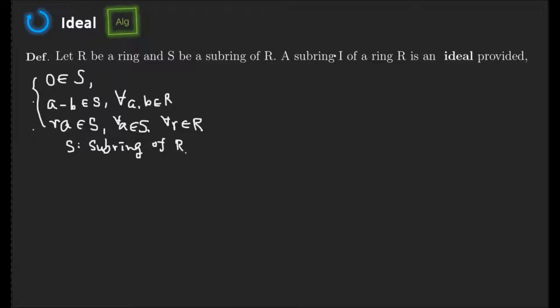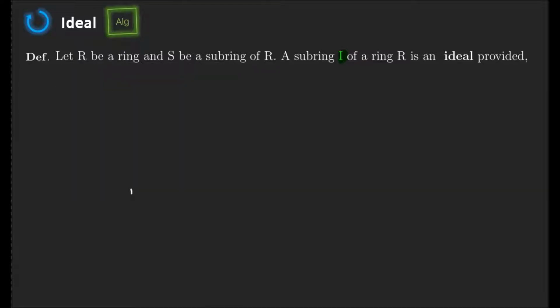Such a subring of R is called an ideal I when it satisfies this condition. If we delete one condition under the subring conditions, and only ai is in I for all a in R, this is the so-called left ideal.